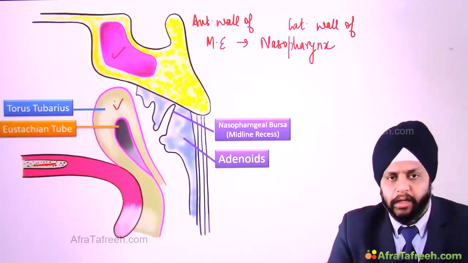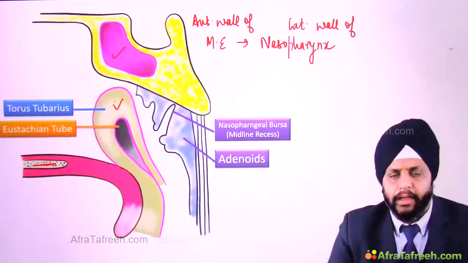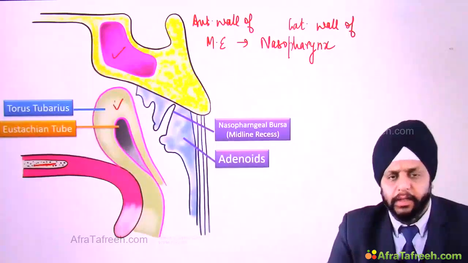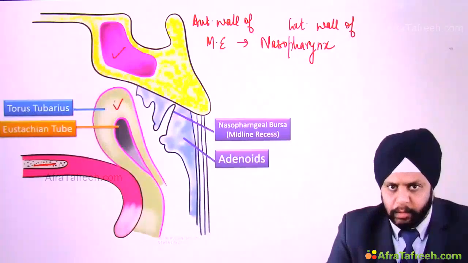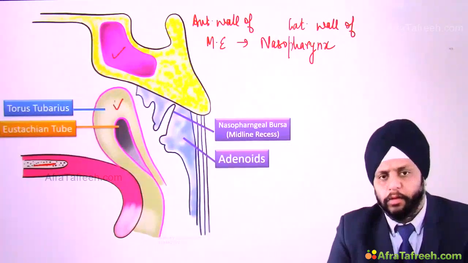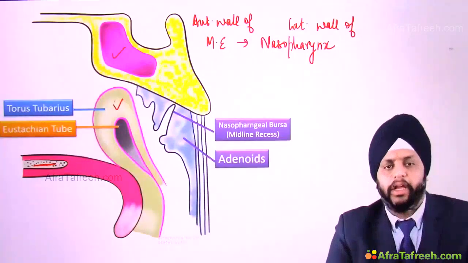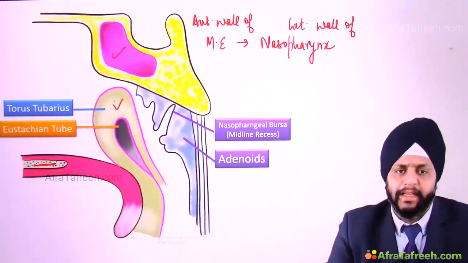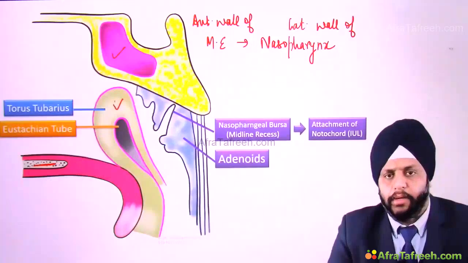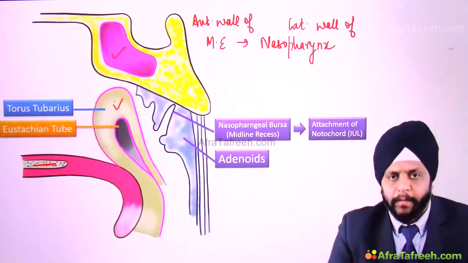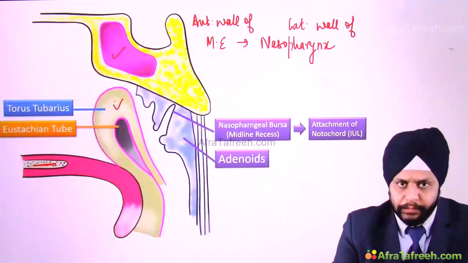In the midline, you can see a recess. This recess in the adenoids is known as the nasopharyngeal bursa, and this is the place where the notochord is attached in embryonic, intrauterine life.